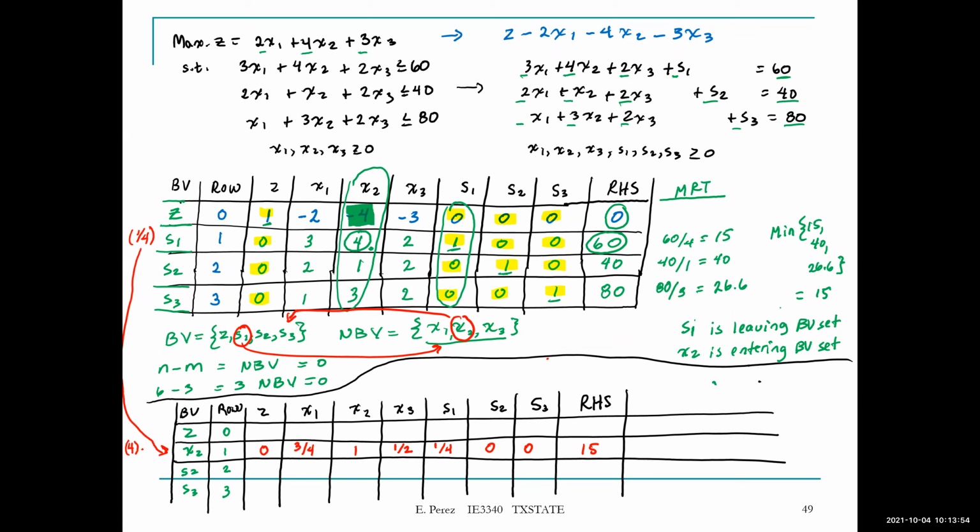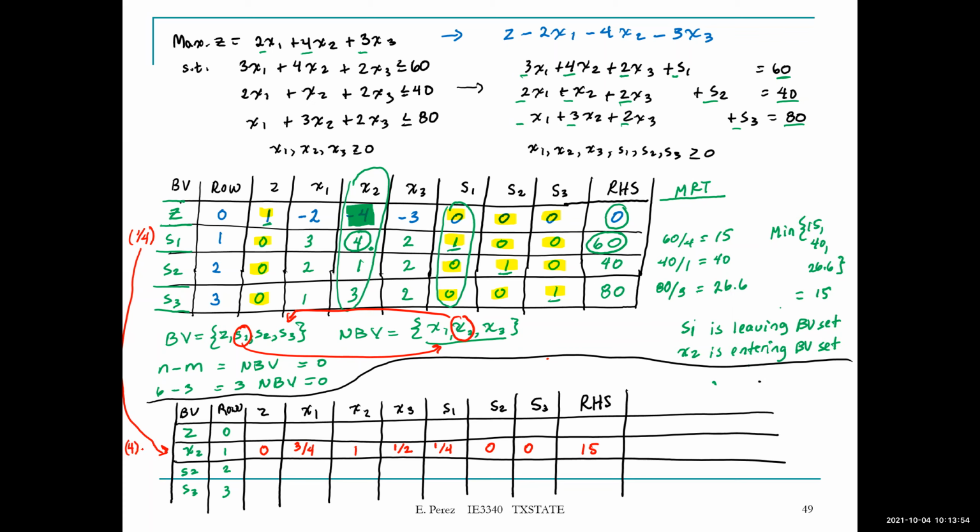So that will be 0, 5/4, 0, 3/2, minus 1/4, 1, 0, 25.